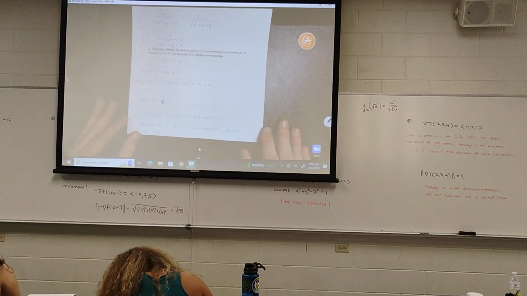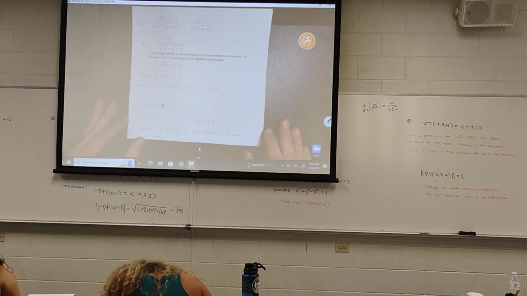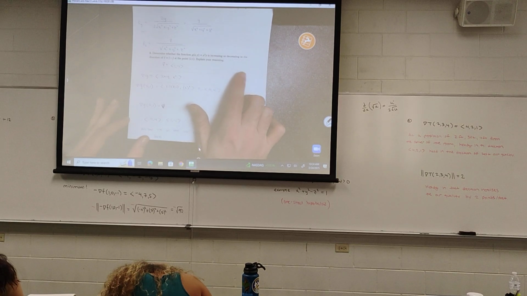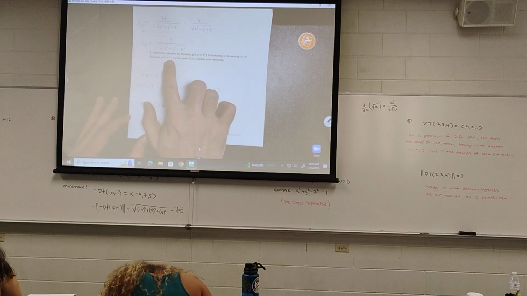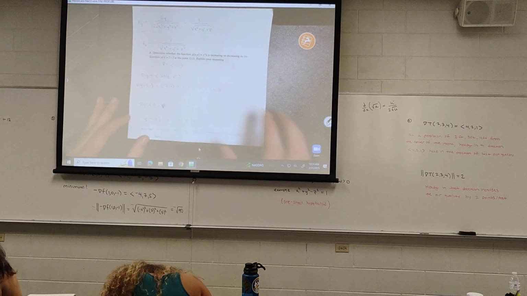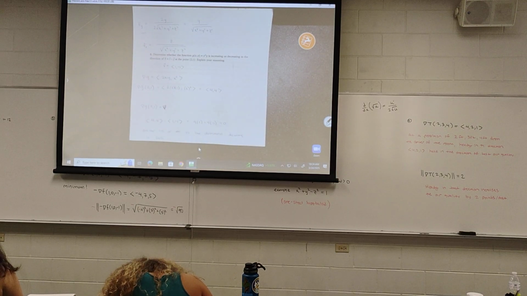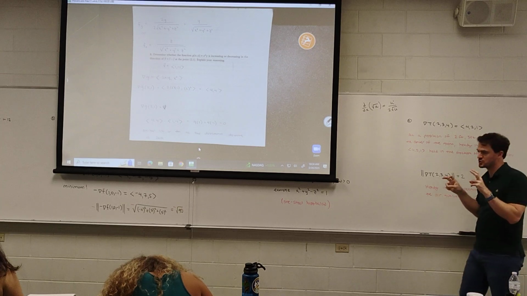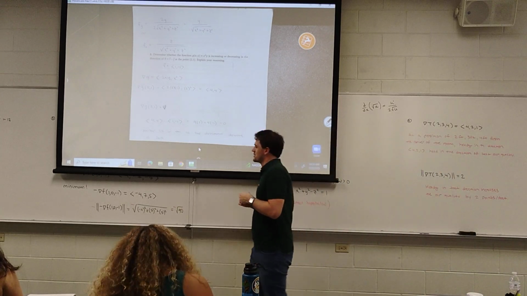The next one says, determine whether the function is increasing, decreasing, or, technically this should say, neither, in the direction of this vector here, at the point 2, 1. So this is getting back to the idea of a directional derivative.